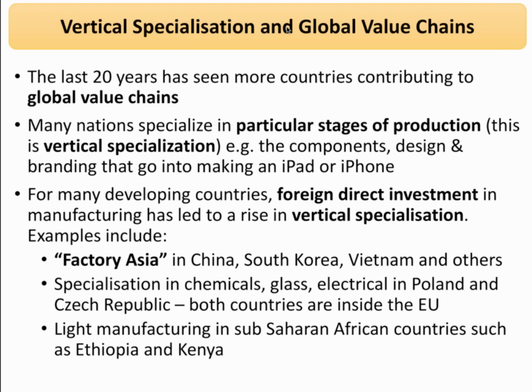We're also starting to see more vertical specialization in sub-Saharan Africa, and in particular, East African countries such as Ethiopia and Kenya are developing capacity and capability and fundamentally competitiveness in things like light manufacturing, which moves them up the value chain. Now that's particularly relevant to extract 5 when we come on to look at the fundamental structural issues facing a country such as Zambia.